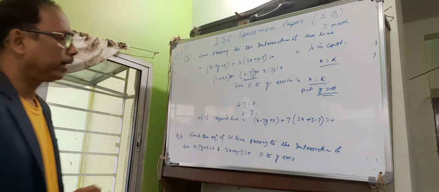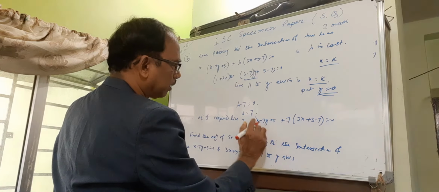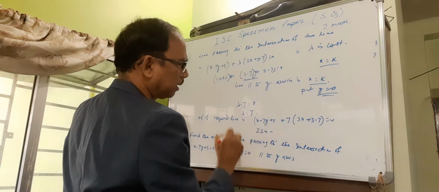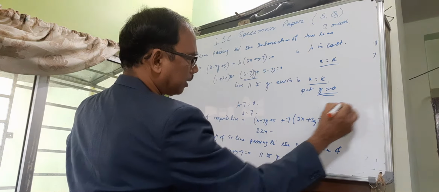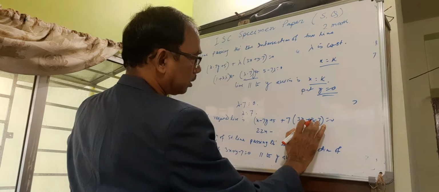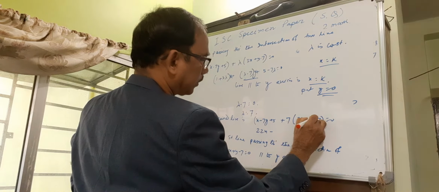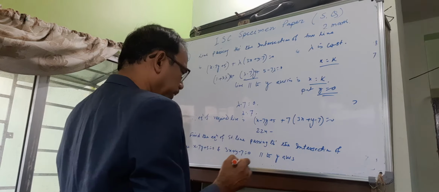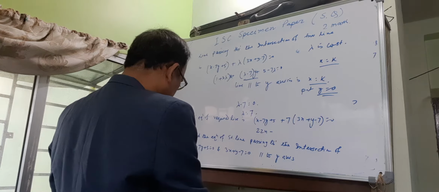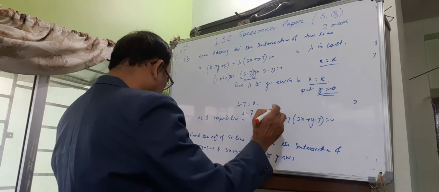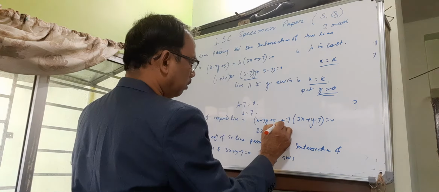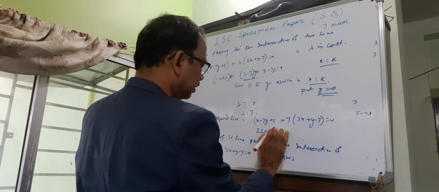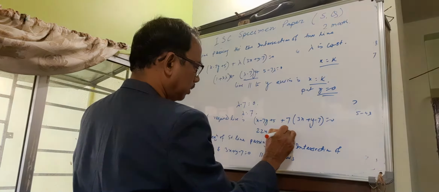After simplifying, we will get the equation: x plus 21x is 22x, then y terms 7y minus 7y, and 5 minus 49 is minus 44, equals 0.